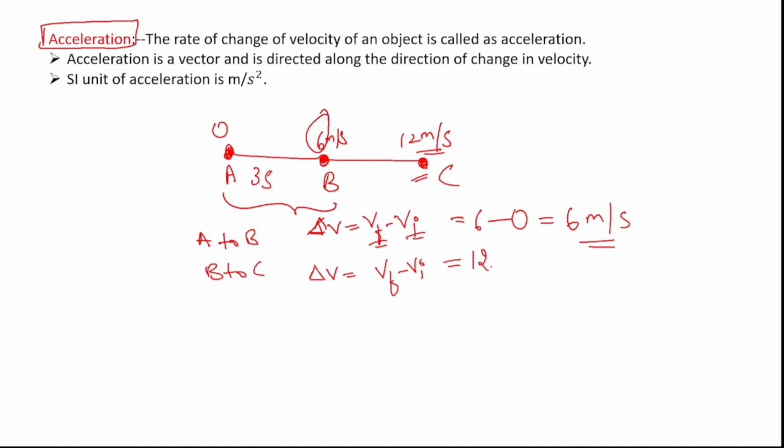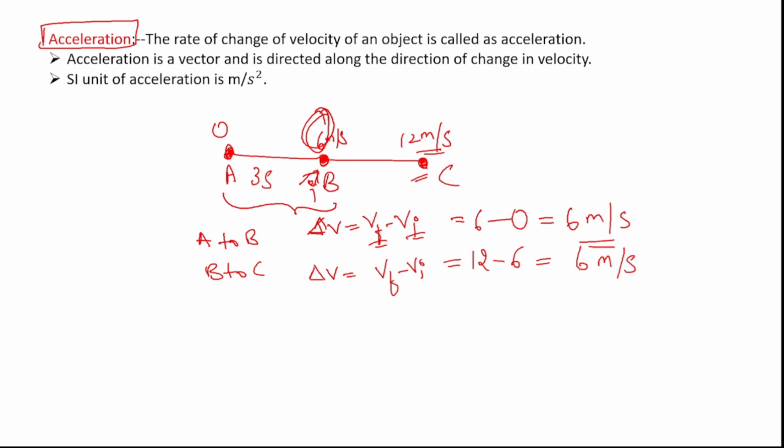So 12 minus, here what does B become? It becomes the initial point, right? In the A to B situation, A was the initial point and B was the final position. But when it is again traveling from B to C, B will be the initial position of that car. So the velocity at B will become the initial velocity. What is the velocity of the car at B? 6. So 12 minus 6 equal to 6 meter per second, right?